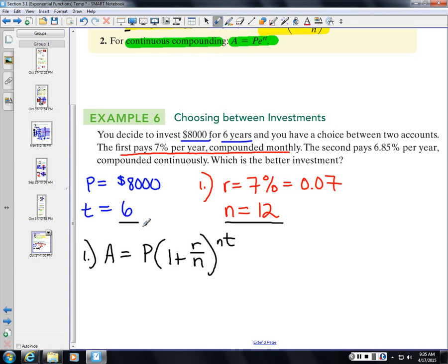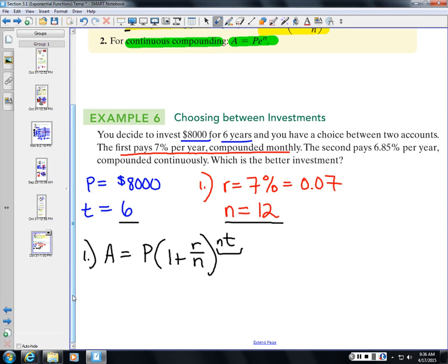You plug in what they give you, because look right here in the formula. That's where it's going to multiply the 12 and the 6, and the formula takes care of that for you. You don't have to make that conversion. You don't have to actually plug in or convert that to 72 for your number of compoundings or whatever the case may be. The formula does it for you. You plug in what they give you.